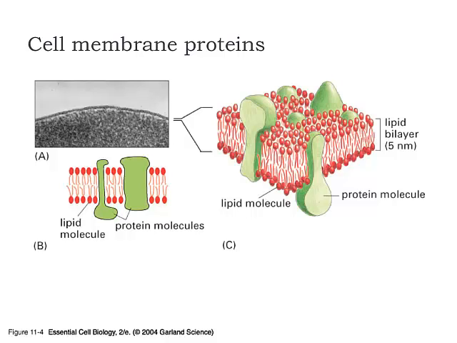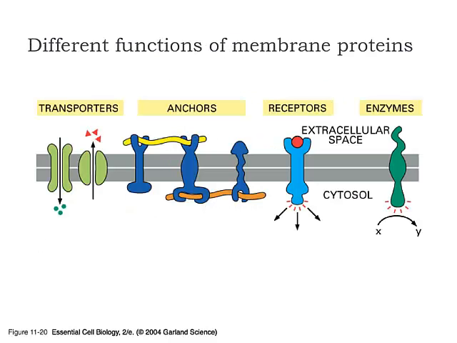So these protein molecules are also an important component of the membranes. Some of these proteins will span the entire lipid bilayer and help with functions in the cell like transport or to hold things in certain place within the membrane.